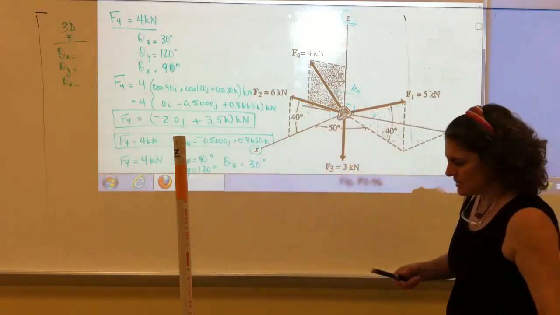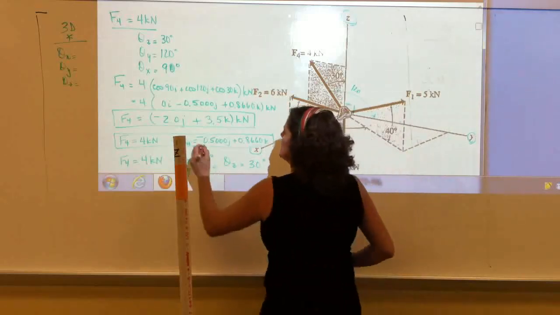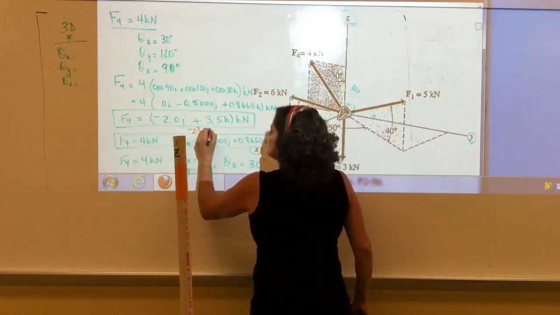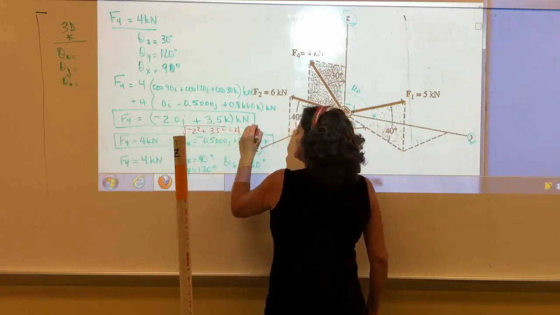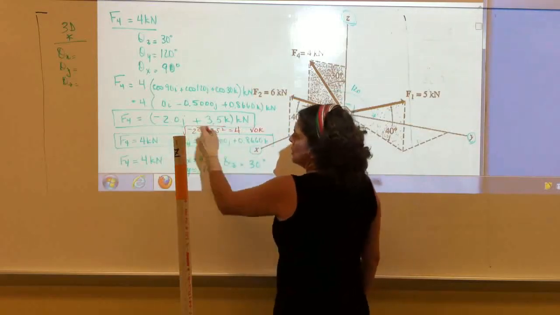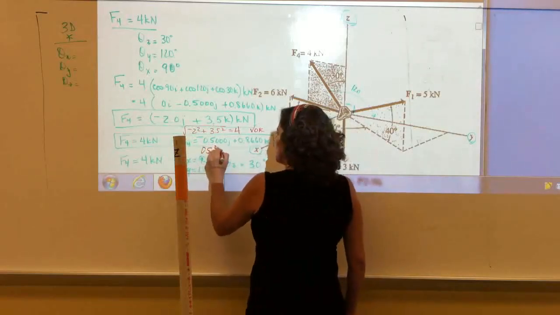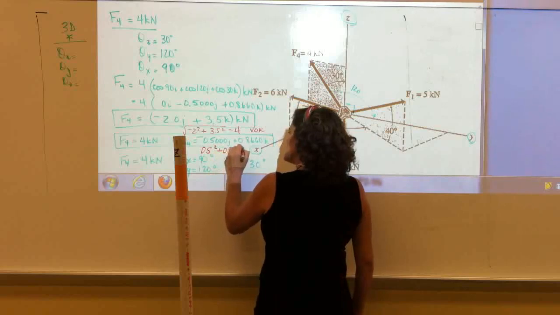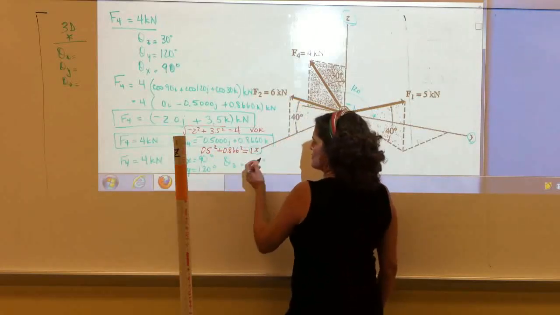And how do we do our checks? I've been doing it in red, so I'll do it in red. Negative 2 squared plus 3.5 squared under the radical equals 4. Okay, that's our magnitude check. Then 0.5 squared plus 0.866 squared. It doesn't need to be under the radical because the square root of 1 is 1.